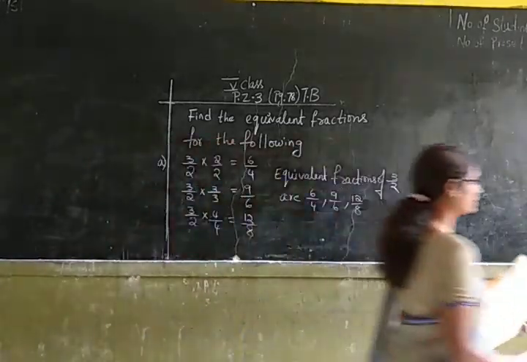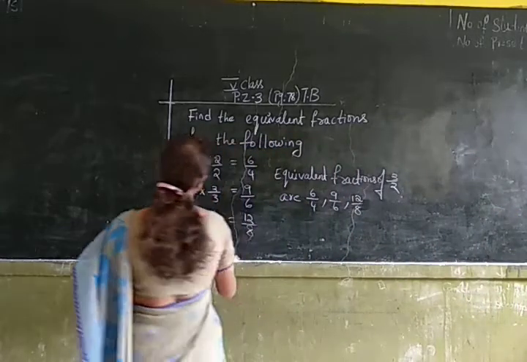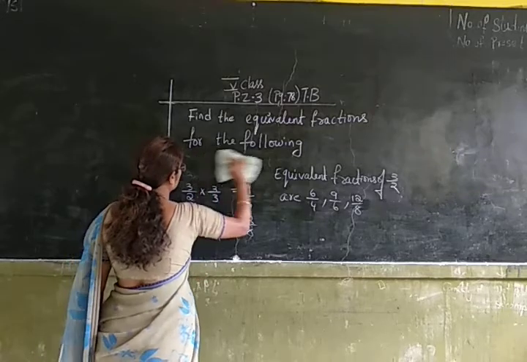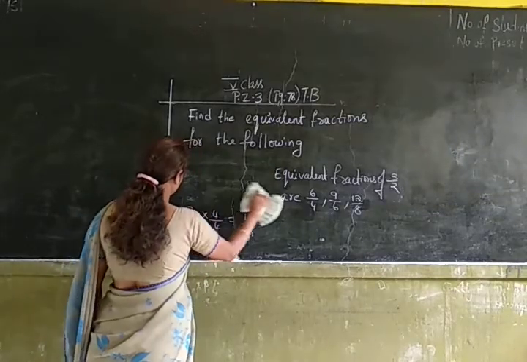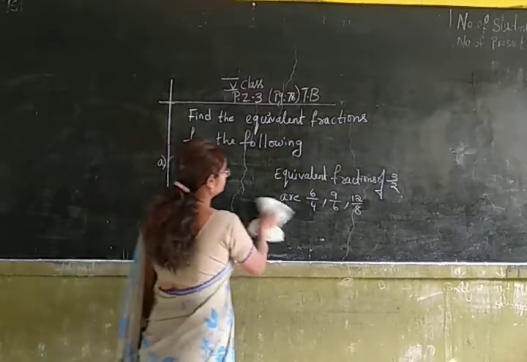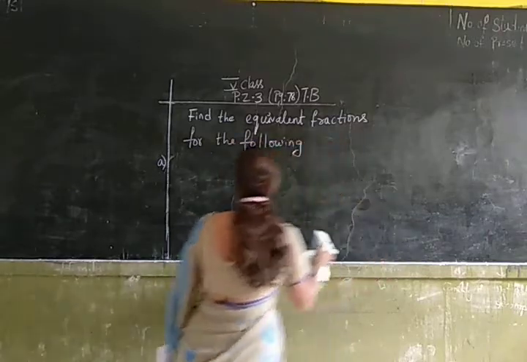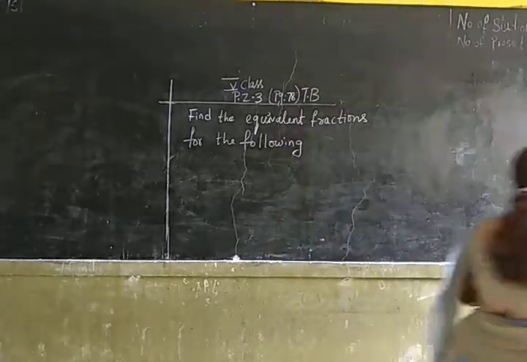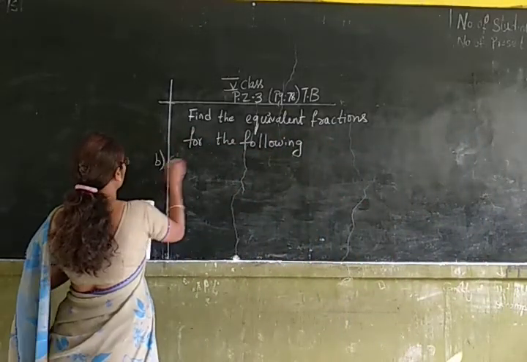Okay, children? Now let us do the B sum, which is 4 by 3.